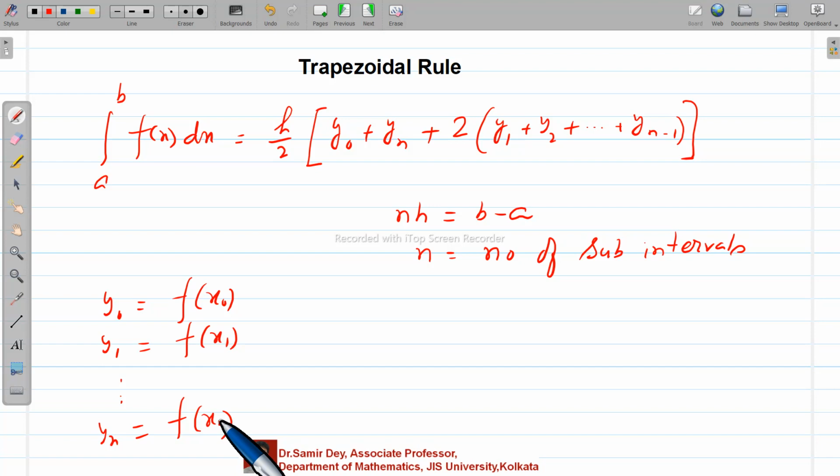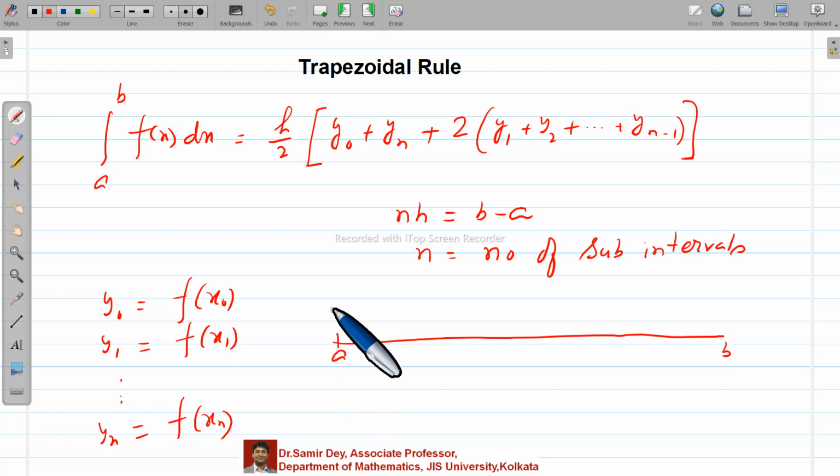Now you may have a question in your mind: what are x0, x1, x2, xn? Whatever the range a to b you have, you have to divide this range according to the number of sub intervals. Suppose this is your a and this is your b.